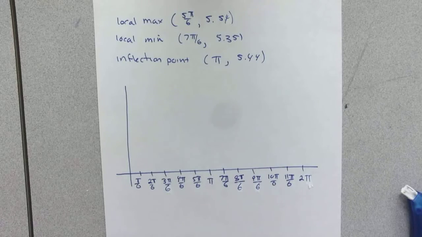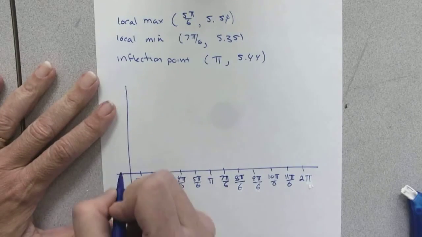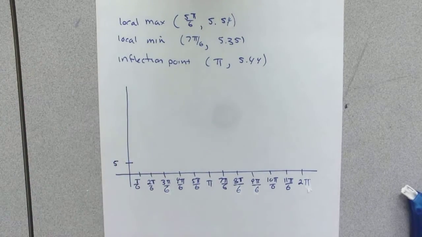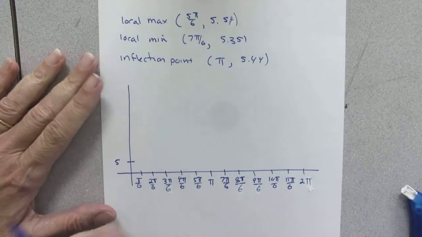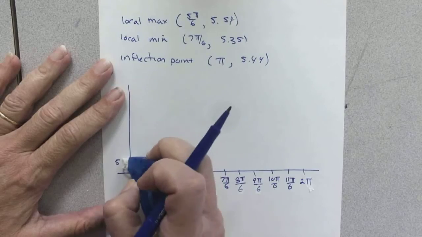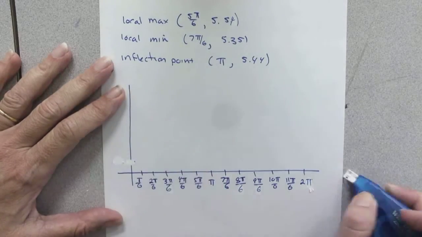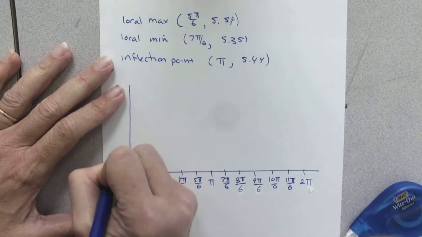Now, this guy up here. This is going to be a little unorthodox, but as long as you label, that's fine. I'm going to call that 5. And as long as I've told my reader that that's 5, it's okay. And well, I'm going to go up a little higher than that, just maybe a little. Let's call that 5.